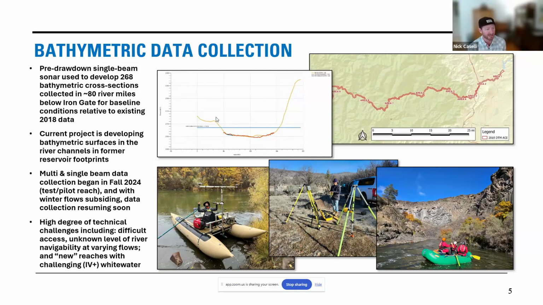And so to reestablish a baseline, Reclamation enlisted us to do another baseline check on the river profiles below it. So we enlisted some local river guides and did essentially cross sections. We did about 268 cross sections for 80 river miles below the former Iron Gate Reservoir to establish a new baseline of the channel there.